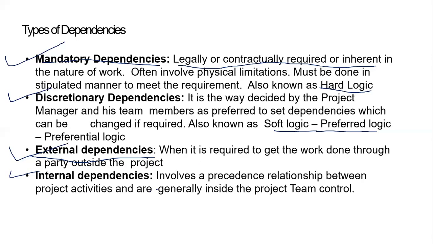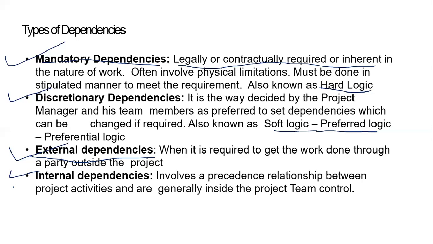Internal dependency is basically an internal team. It might be internal to the project or internal to the organization. For example, if I want to start this project, I need to have PMO's approval. A lot of companies have a PMO department, and depending on whether it is a supportive PMO or a demanding PMO, they will decide whether you need PMO's approval to get the project started, right?